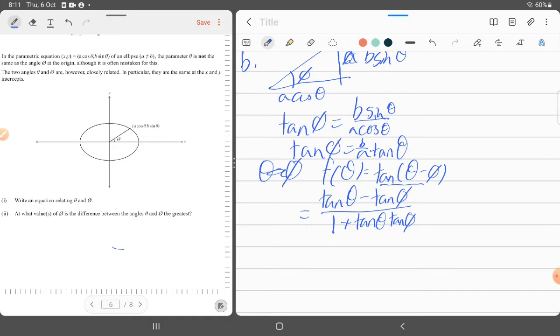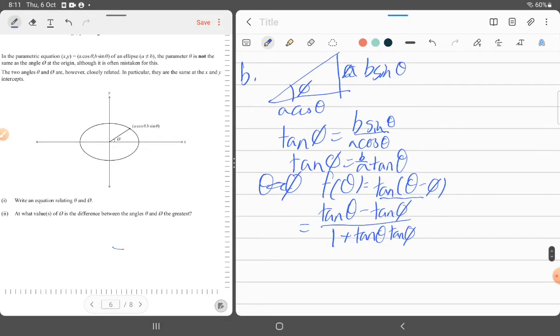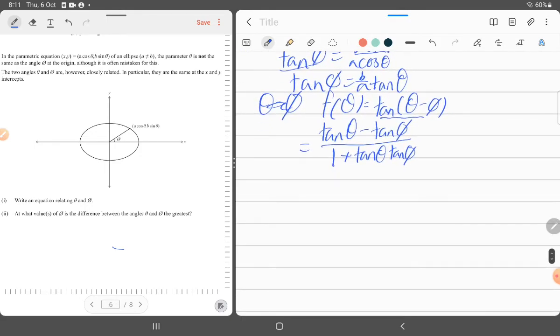And remember we got tan phi, we can replace that, so tan theta minus b over a tan theta over 1 plus tan theta times b over a tan theta.